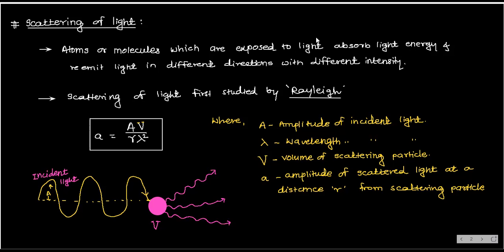At a distance r from this, whatever amplitude of light you are getting at this point, that is your small a. This amplitude from the mean position, for this wave, is what we are going to find. Understand from this formula. Is that clear? Yes, understood.